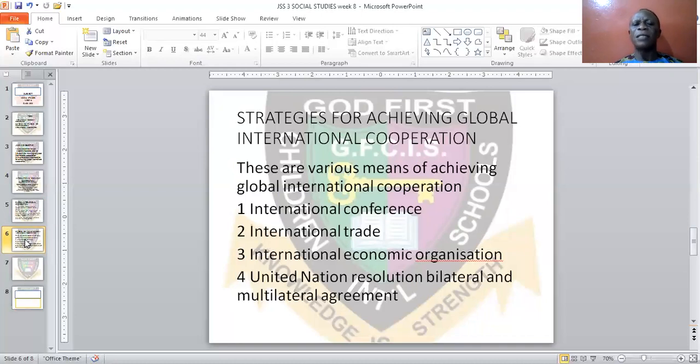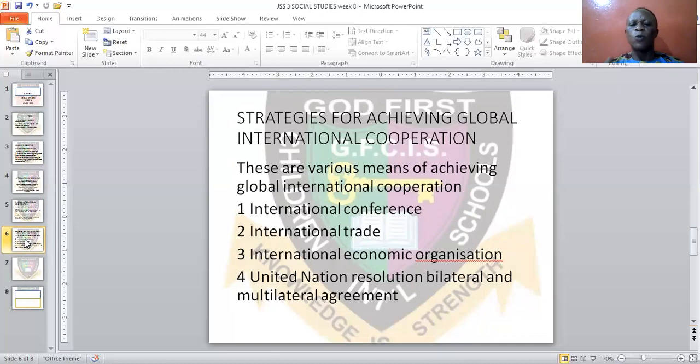Then, international economic organization. Those are the people that regulate our trade in Africa, in Nigeria. Then four, United Nations resolution, bilateral and multilateral agreements.